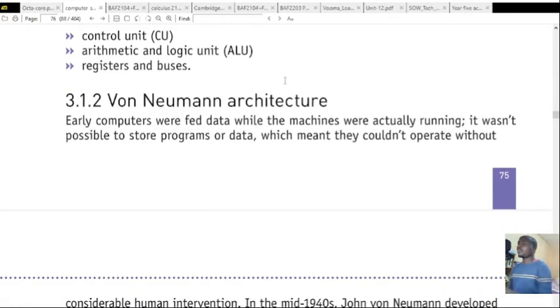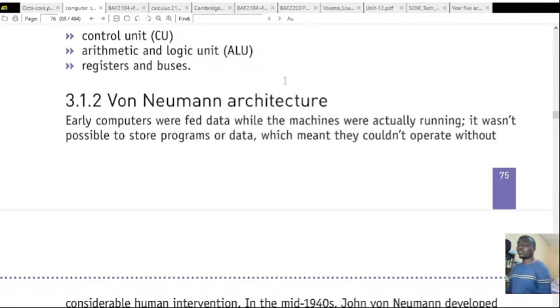Prior to this time, computers were not able to store and access memory content as they are today. Early computers were fed data while the machines were actually running.